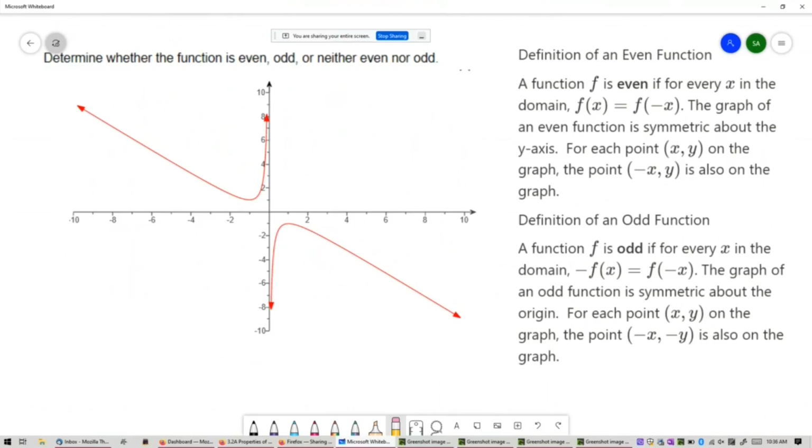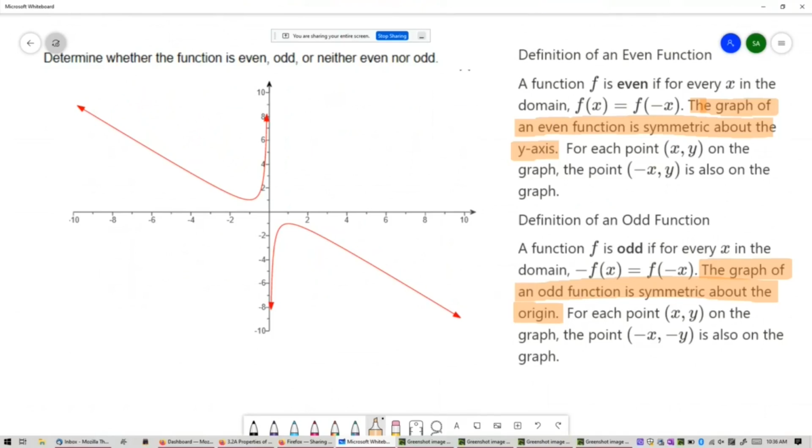So that's what we have to pay attention to. Is this particular graph symmetric about the y-axis, or is this graph symmetric about the origin? And then we'll be able to say that it's either even or odd. And if it doesn't fit into those categories, then we say neither.